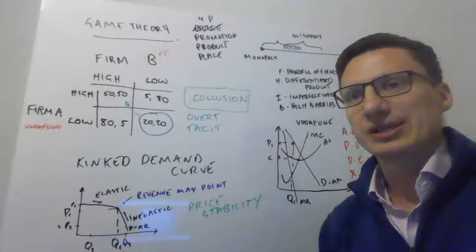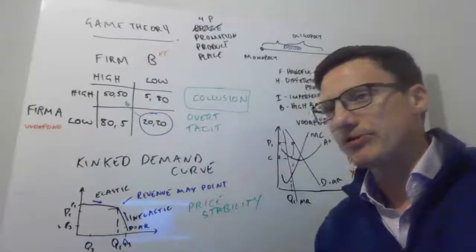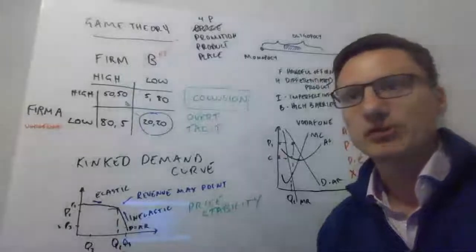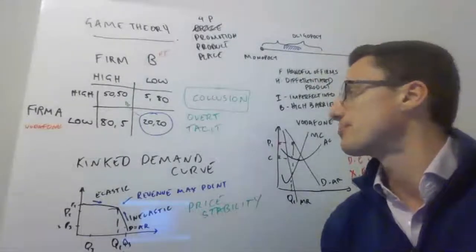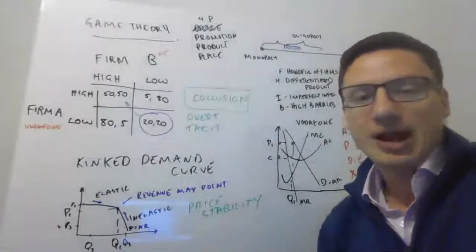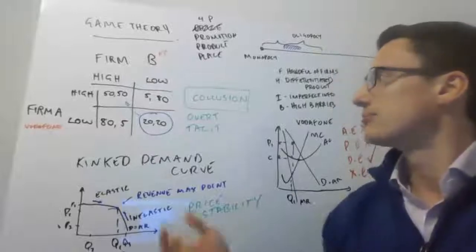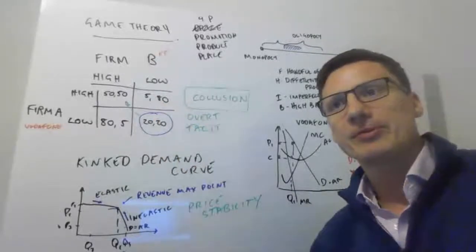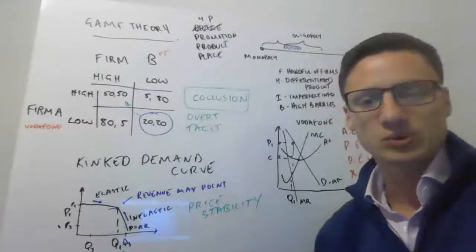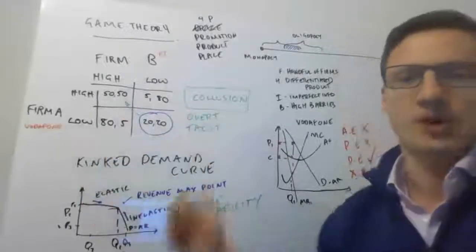Maybe I'm going for sales maximization, or revenue maximization, or something else, in which case my price might actually fall to enable me to achieve that. And that happens in real life. Supermarkets have price wars. Sometimes mobile phone networks have price wars. It does happen, but it happens relatively rarely, and this is why.